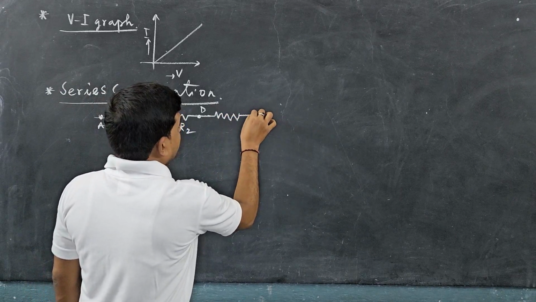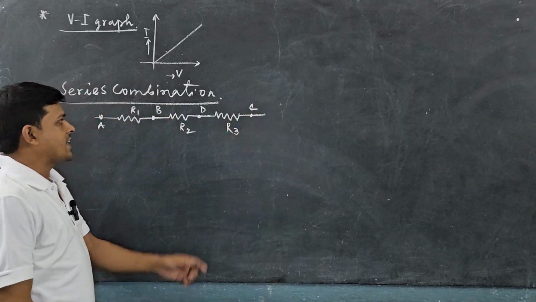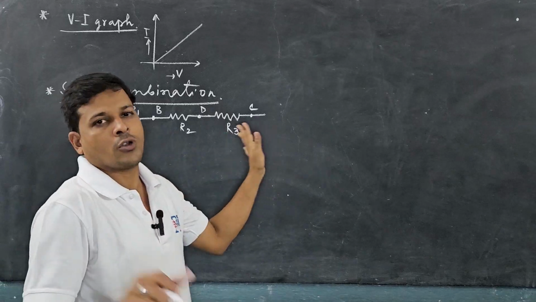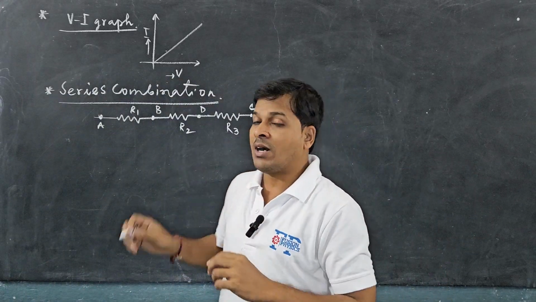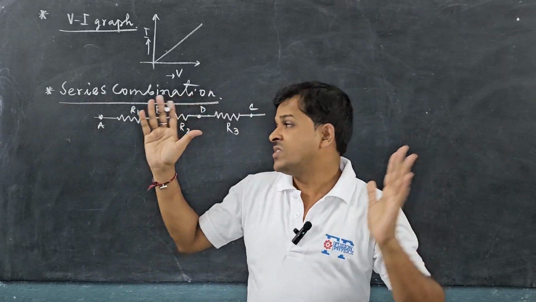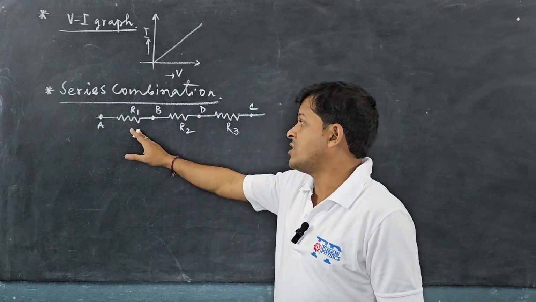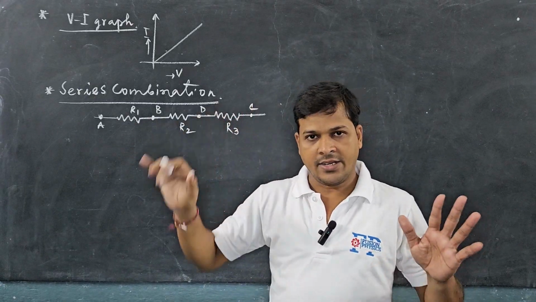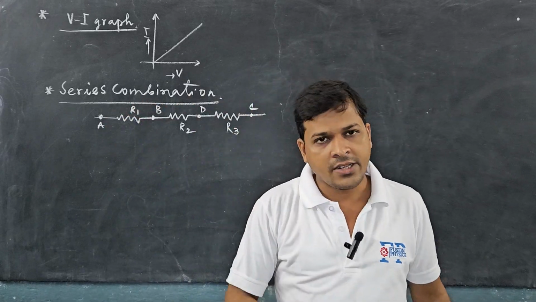That means linearly the resistors are connected, R1, R2 and R3 and so on. Similarly, other electrical circuit components like an electric bulb or an electric cell may be connected in this way. This is the series combination of the resistors, because here the resistances R1, R2 and R3 are connected. If we use electric cells, this will be the series combination of electric cells.